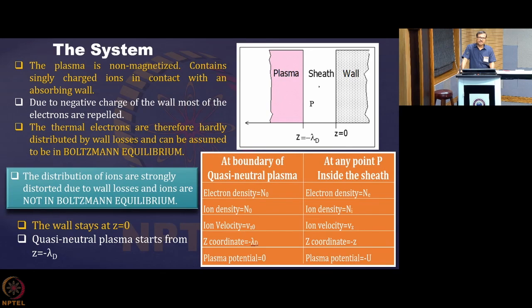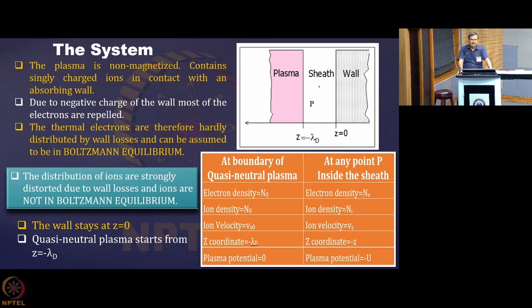We also assume that the plasma is non-magnetized here, and contains singly charged ions in contact with an absorbing wall. Due to the negative charge of the wall, most of the electrons are repelled.